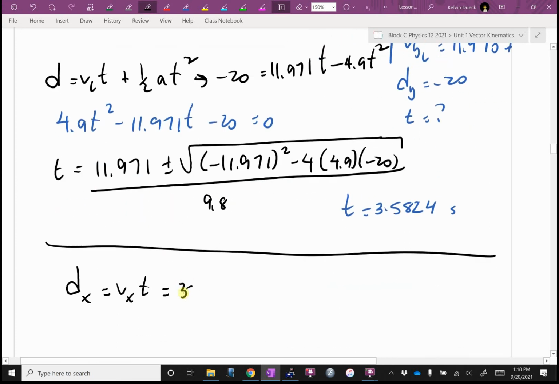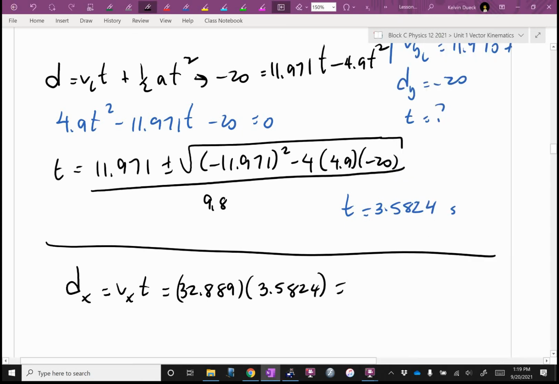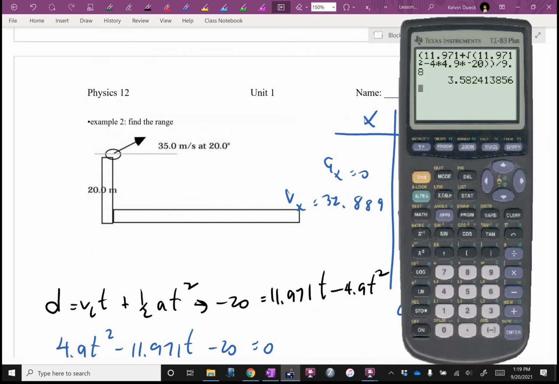32.889 times 3.5824, but you know I'm going to use my answer button. If I really wanted to be hyper accurate, instead of 32.889, I could actually go 35 cos 20 close bracket times answer button.